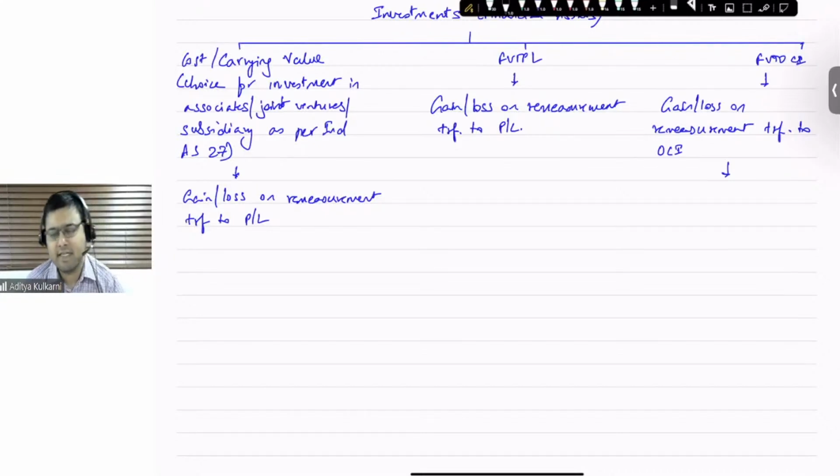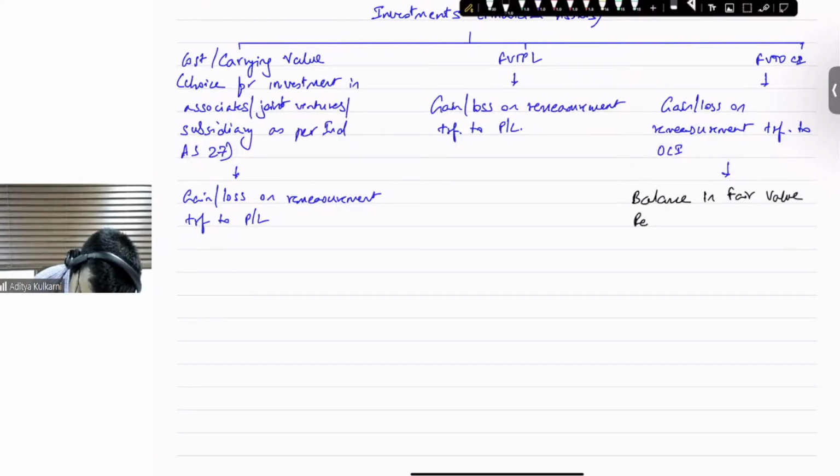Since you are eliminating the investment, substance over form says you are disposing of the existing stake and acquiring a controlling stake. That is how you can perceive the transaction. So since you are eliminating this investment, you cannot have a fair value reserve appearing in your balance sheet. So the fair value reserve will ultimately be transferred to your retained earnings in the consolidation that is going to happen.